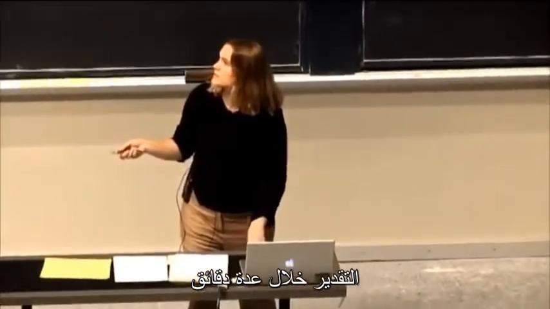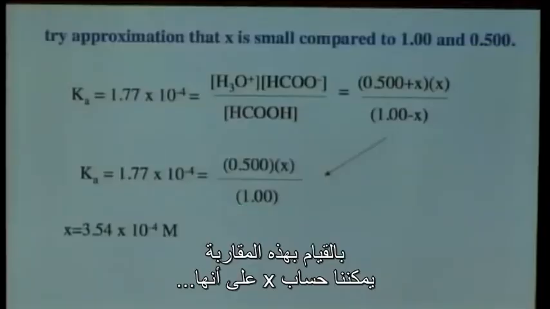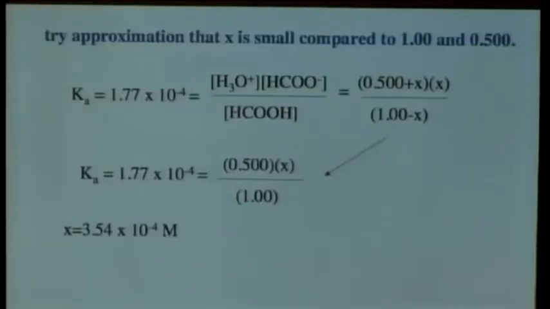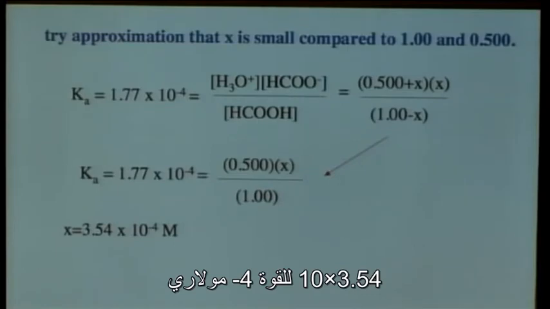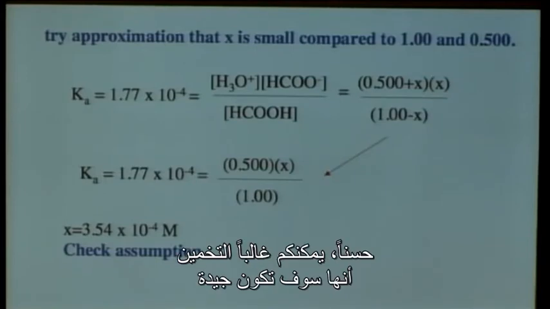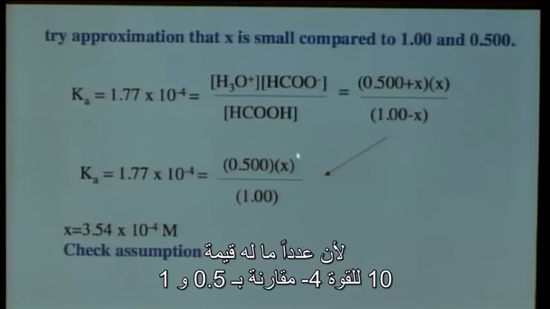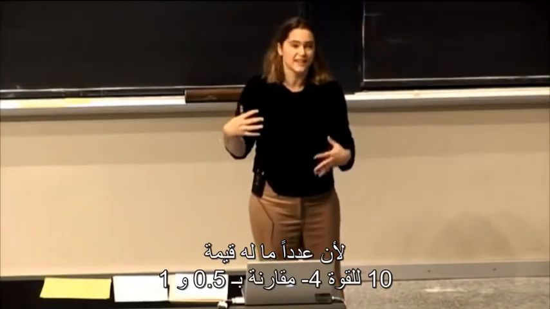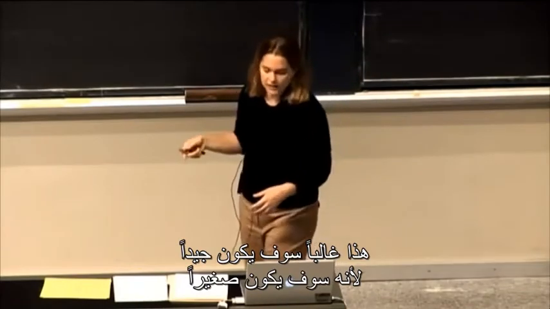Making that approximation, we can calculate x as 3.54 times 10 to the minus 4 molar. Now we need to check that assumption. You can probably guess it's going to be okay, because something times 10 to the minus 4 compared to 0.5 and 1 is small.